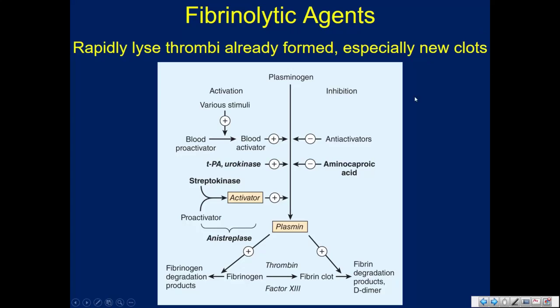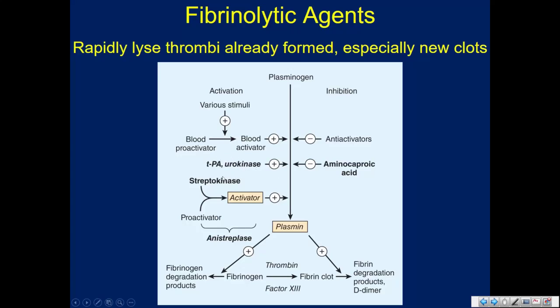All right, let's talk about drugs that mimic this system. Guess what? The most common clot-busting drug used is TPA. We administer TPA to activate plasminogen, dissolve clot. So that's cool. Another drug is called urokinase, which does the same thing. The distinction here is these are direct activators.